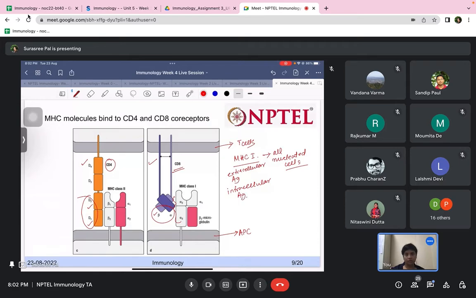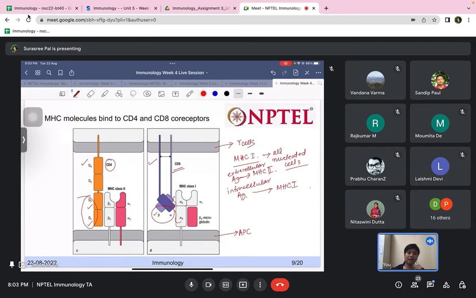So for internal antigen processing, MHC1 molecule is responsible, and for extracellular antigen, MHC2 is responsible. What do I mean by intracellular? Basically, when a virus infects, as she mentioned, in most virus infections the antigens are presented by MHC class 1.